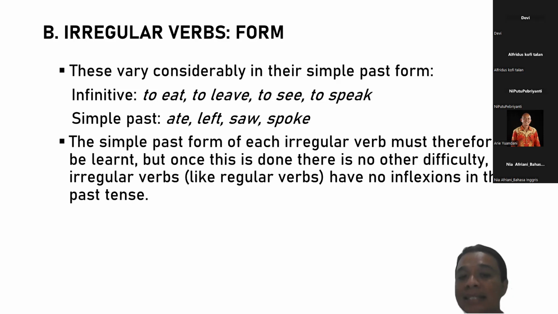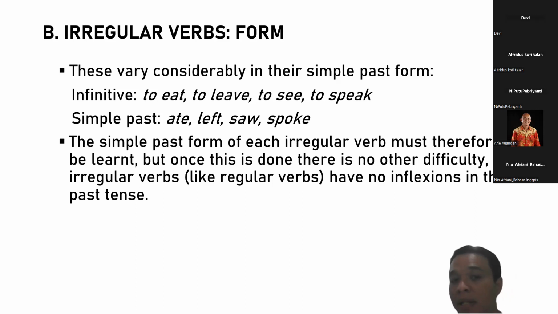But once this is done, there is no other difficulty, as irregular verbs, like regular verbs, have no inflection in the past tense. So there is no inflection here. You have to memorize or learn by heart this kind of irregular verbs.